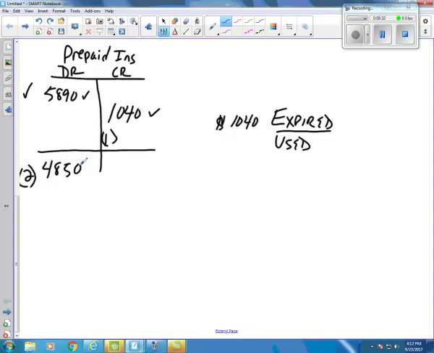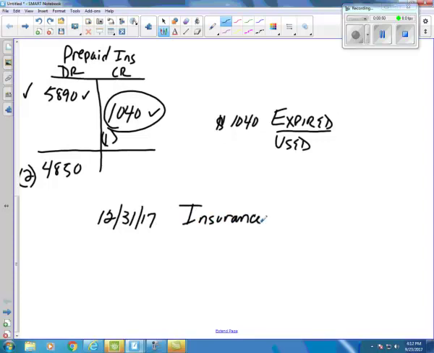So we need a journal entry. We are, again, recording how much our prepaid insurance has gone down. So let's put our date in, 12/31/17, and let's debit our insurance expense to show how much of our insurance we have used.